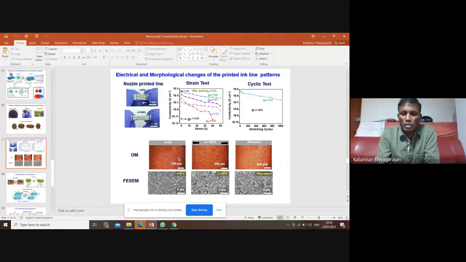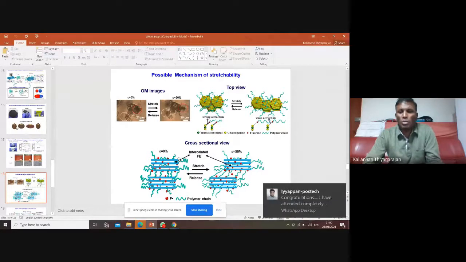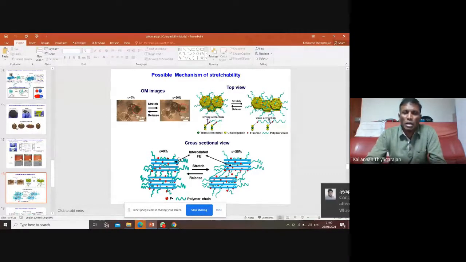We focused, and we can find without polymer. I told the mechanism is like the polymer is holding the material, and it is not allowing the material to move freely. So it is restricting the movement as well as the rotation of that.